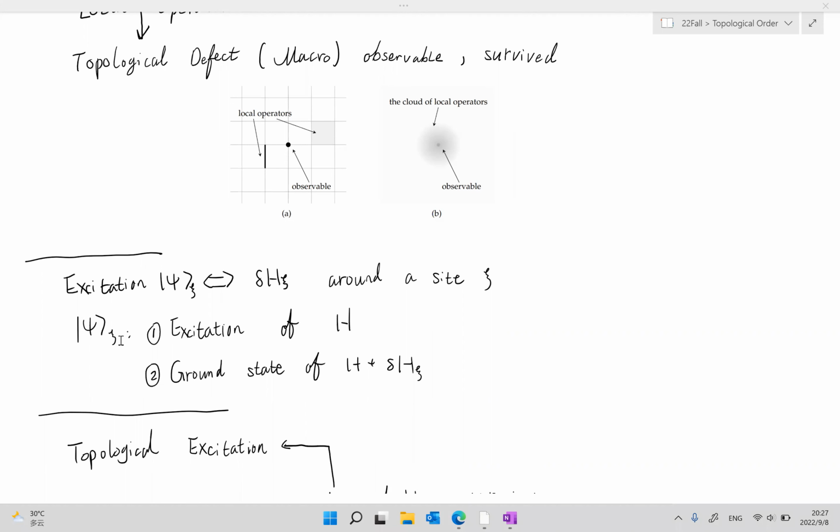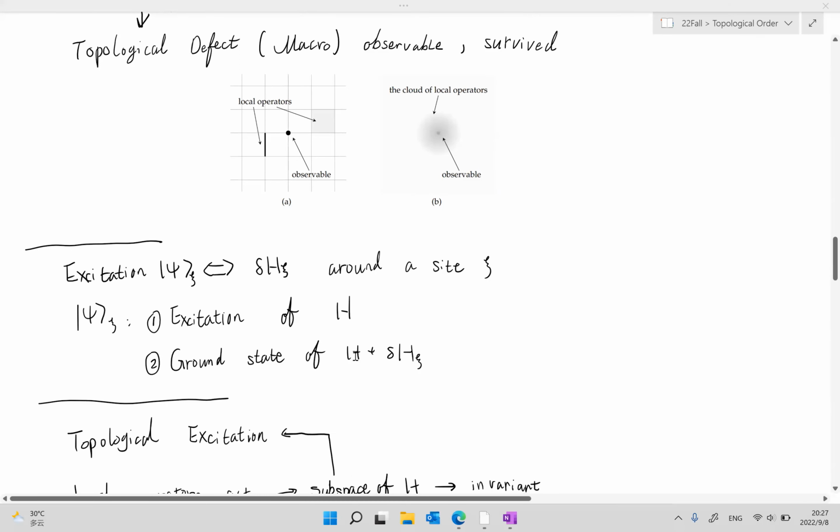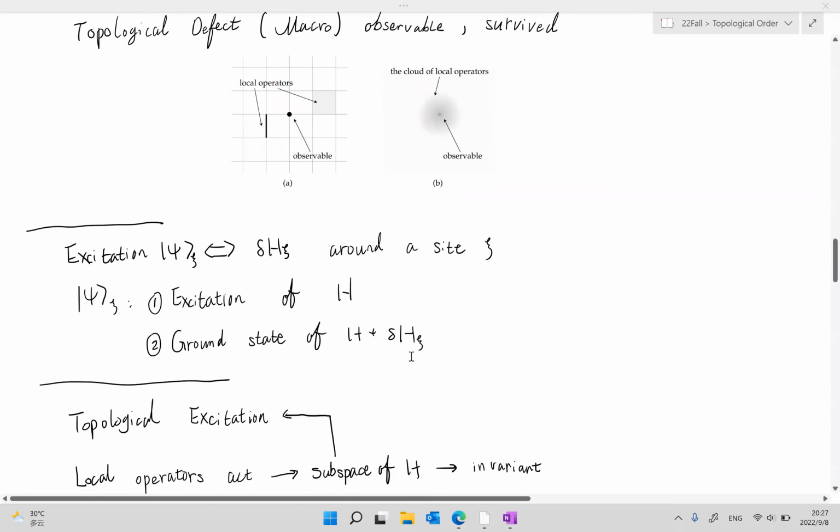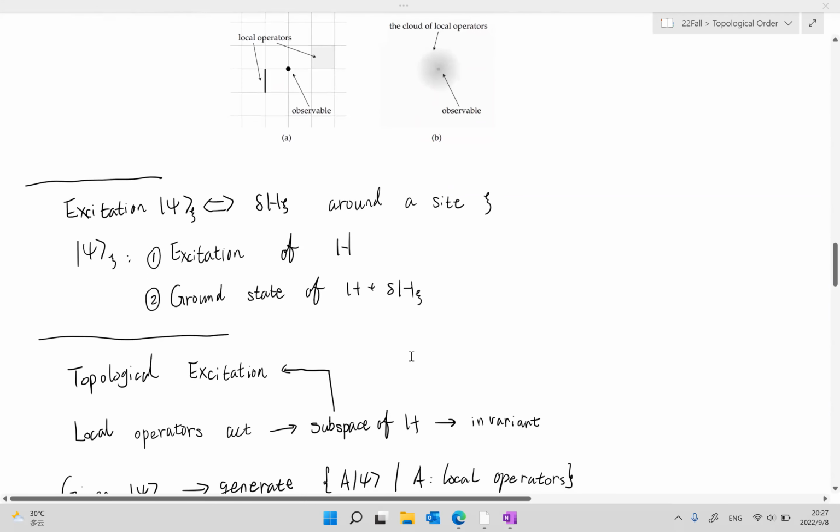I know there is some philosophical question about whether this Hamiltonian exists. We first assume it exists, and then we write it as the original Hamiltonian plus some perturbation, so it can be seen as a local perturbation around psi.